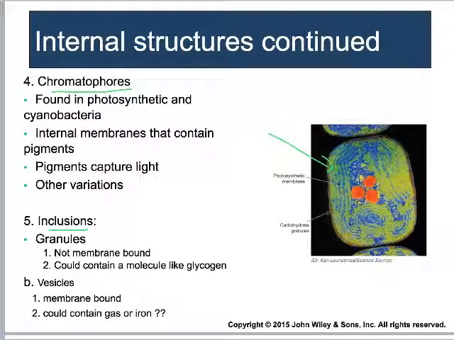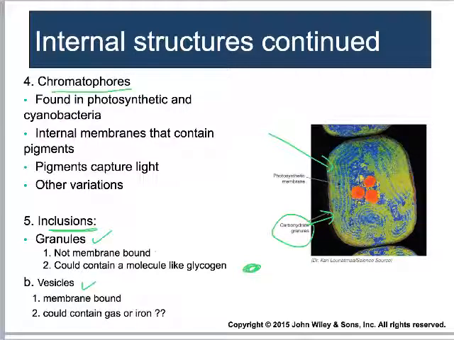Now inclusions are broken into two categories. There are granules and there are vesicles. Granules are not membrane bound. Like in our muscle cells, we have inclusions that are glycogen. So they're clumps of a molecule that are found in the cell. Bacteria have them too. So here's a clump of carbohydrate.